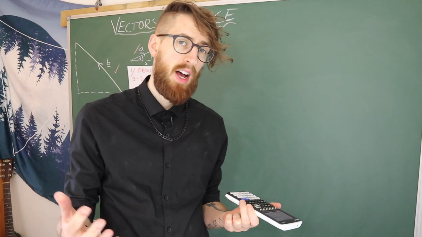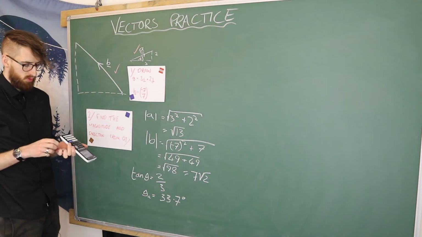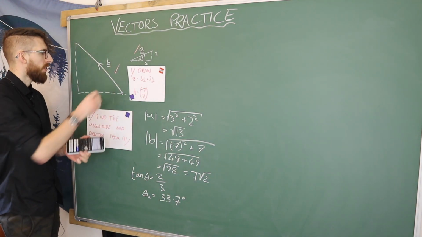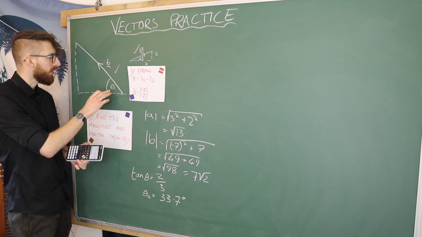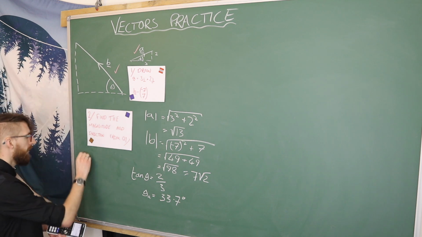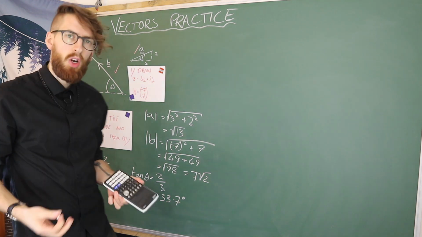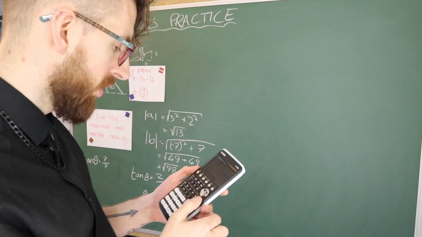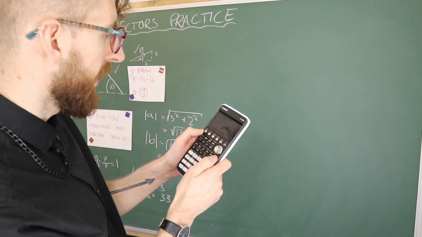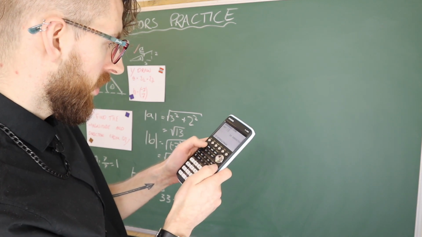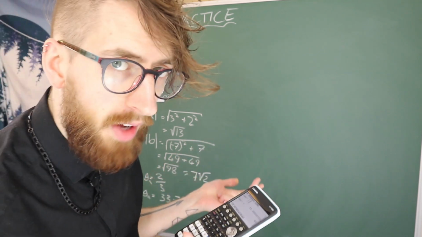Okay, same again now, but with B. This one is going that way. So let's first work out this angle here. So now we're doing tan to the -1 of 1. So we want to do shift tan of 1, which is 45 degrees.